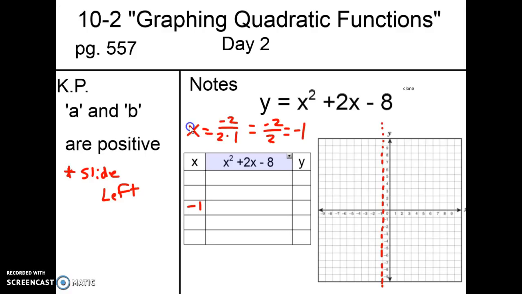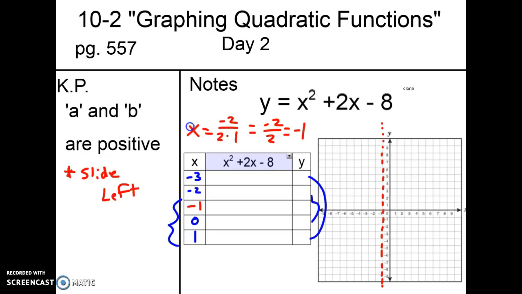Now we would still want to do 2 before and 2 after. So this would be -2 and -3, and then this would be 0 and 1. In this case, I would want to use the 0 and the 1, because we know from our earlier videos that these are symmetrical and they're going to be the same.